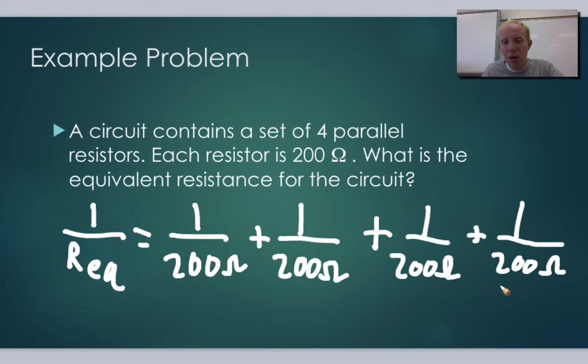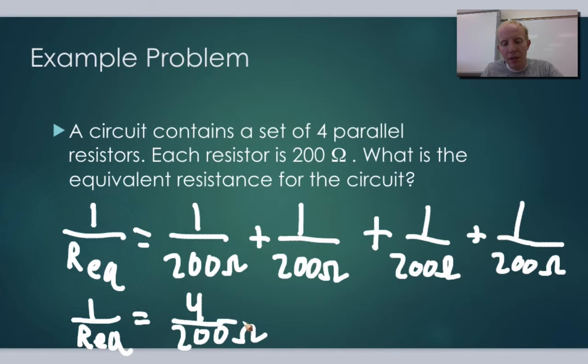In this case, because all the bottoms are the same, which is nice, we can add these tops together just like you would do in a regular fraction. So we get 1 over the equivalent resistance is 4, 1 plus 1 plus 1 plus 1, over 200 ohms. And then if you simplify that fraction, you get 1 over 50 ohms.